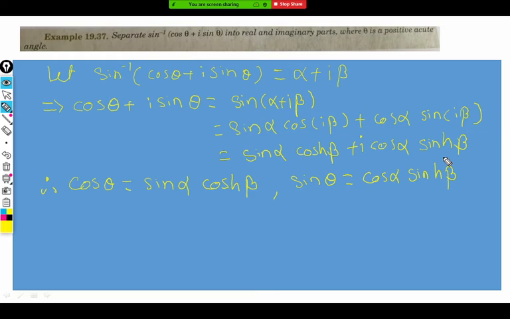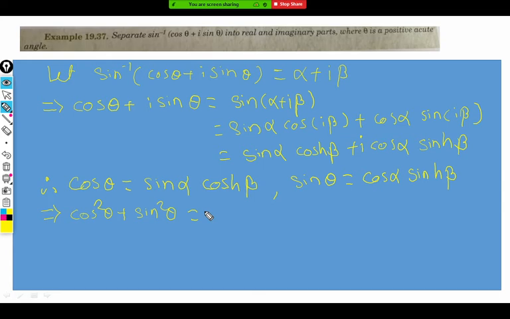How to get the values of alpha and beta? Anyone? No one is answering actually. So if we square and add, cos square theta plus sine square theta. Dividing, we get tan alpha into tan hyperbolic beta or something like that. But what is next? How do we get alpha and beta separately?